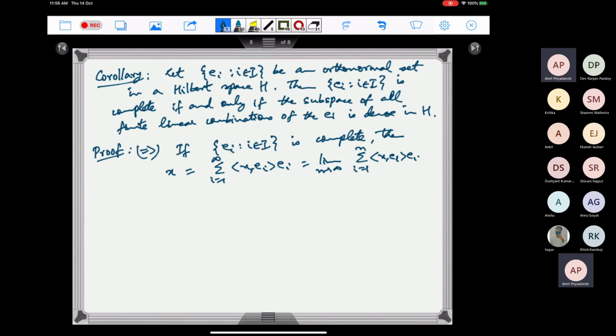So this implies that the subspace of all finite linear combinations of eis is dense in H.